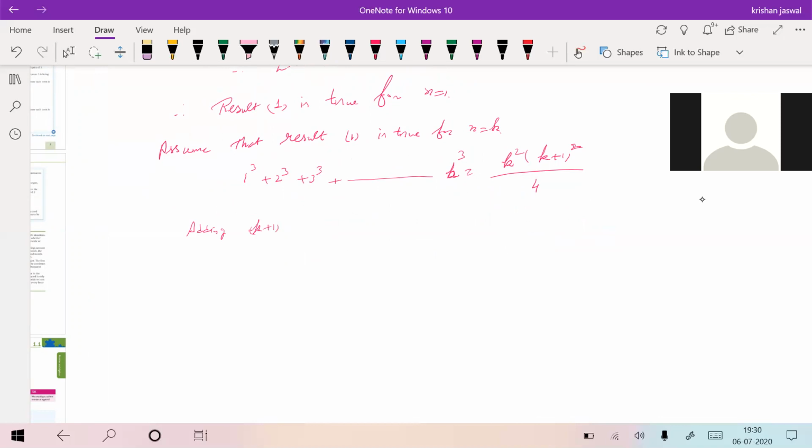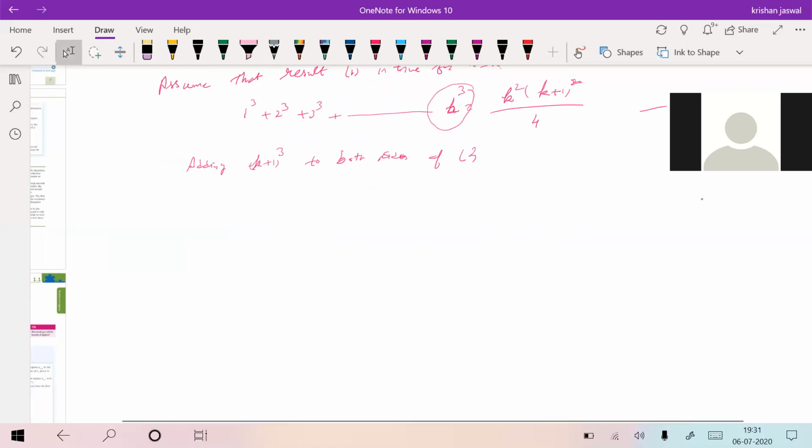What is our last term? k cube. So we will add k plus 1 whole cube, adding k plus 1 cube to both sides of equation 2. This last term will tell us what we will add to both sides.